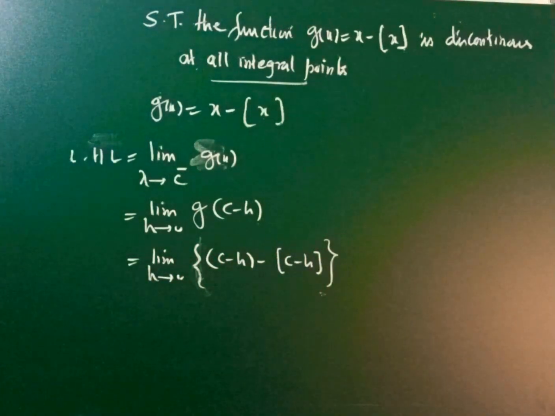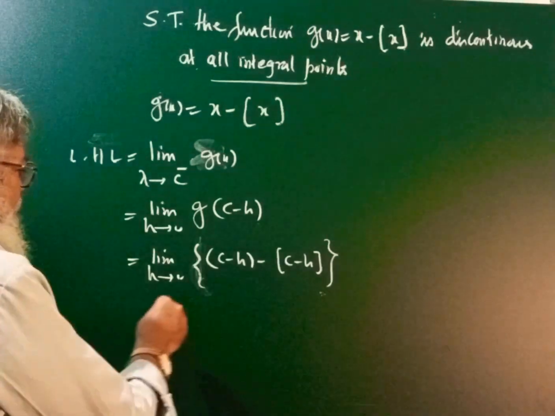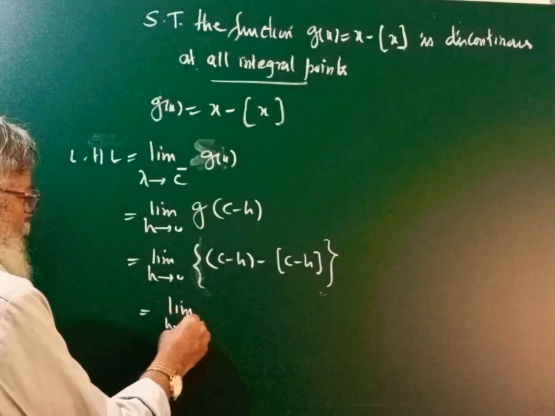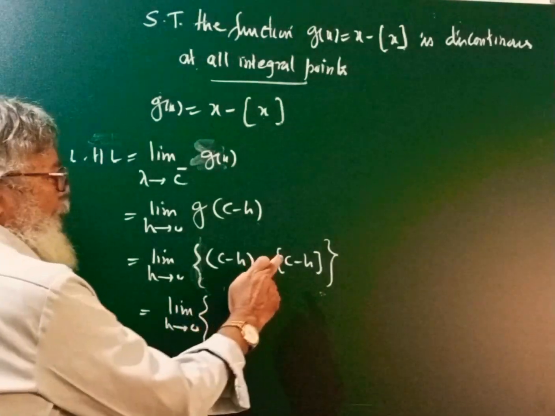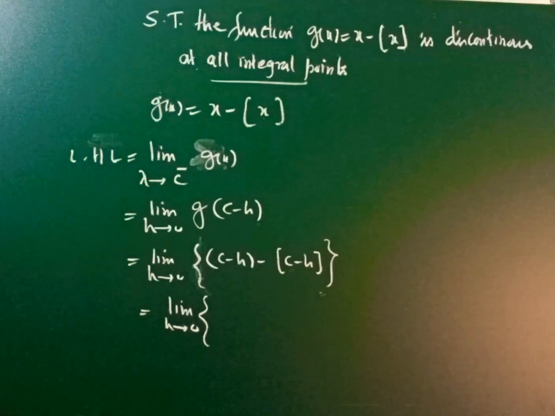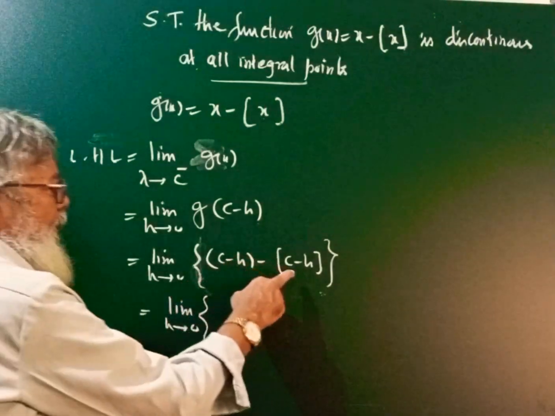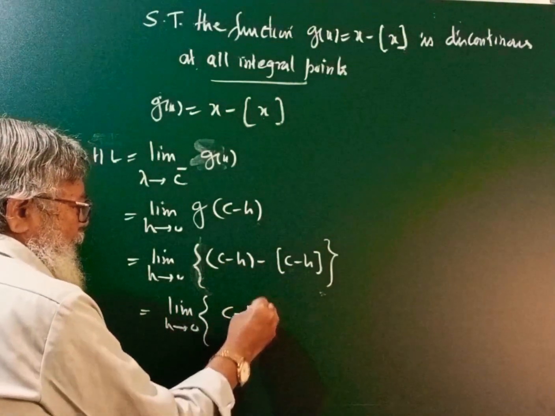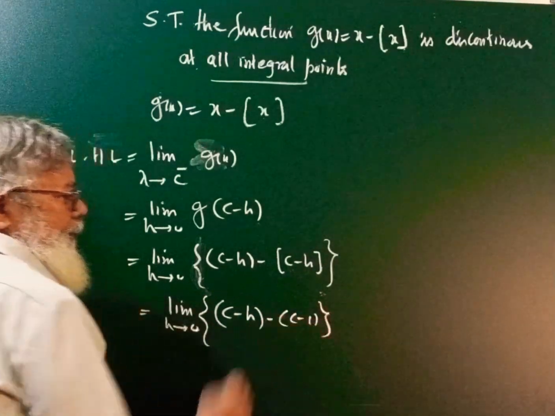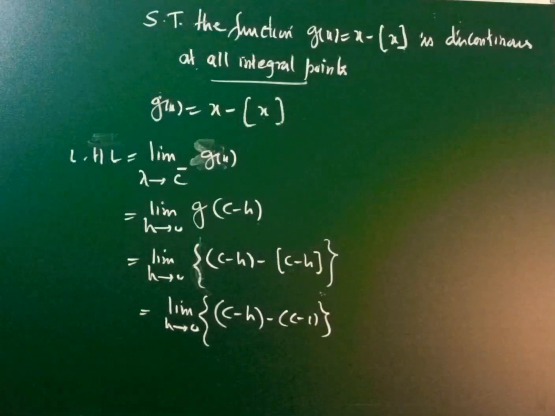Now here you see what can be the value of this. From c we are subtracting a very small quantity, so it is a fractional part actually, and the value of the greatest integer will become c minus 1. One value will be less than that.